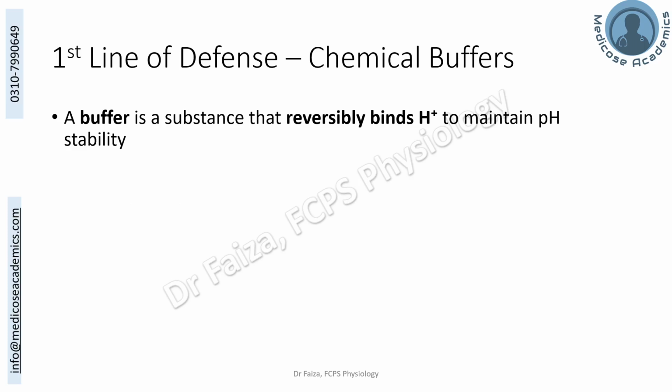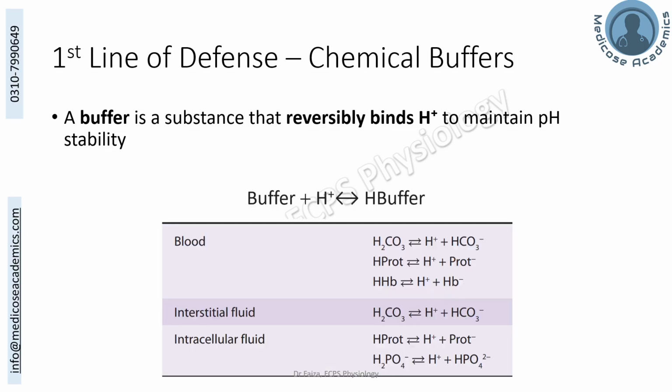A buffer is a chemical substance that can reversibly combine with hydrogen or hydroxyl ions to maintain pH stability. For example, the most important buffers in the blood include bicarbonate, protein buffers, and the hemoglobin buffers. In the interstitial fluid, most important, again, are bicarbonate buffers, whereas intracellular important buffers include protein and the phosphate buffers.